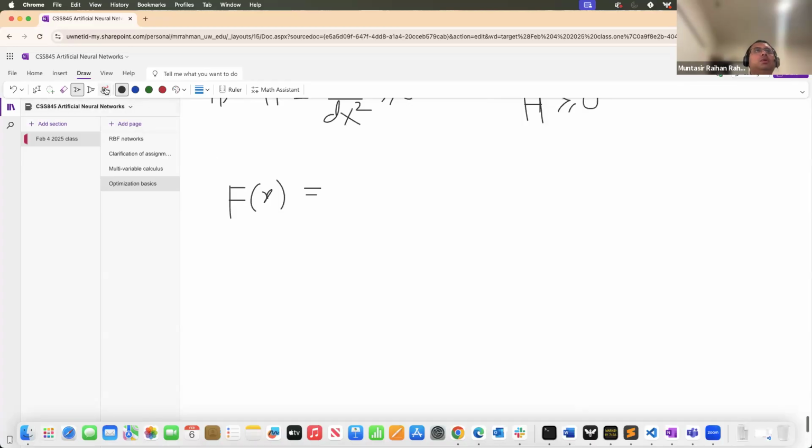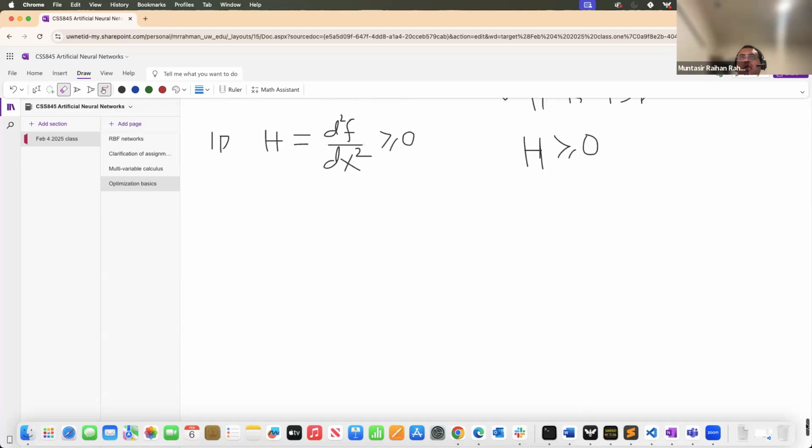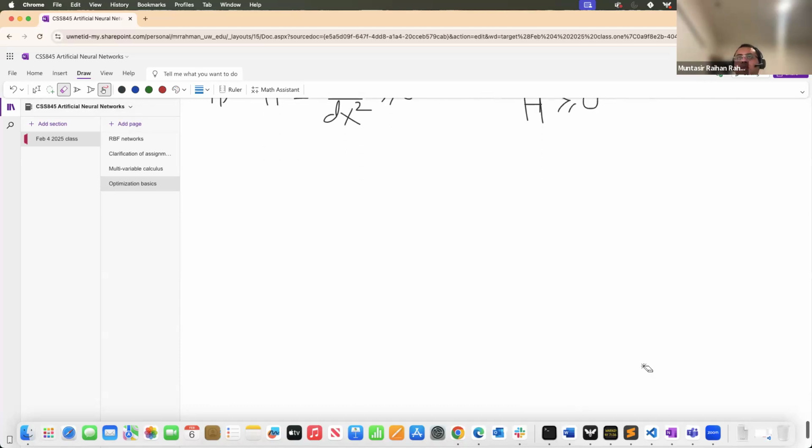Okay, I think we don't have to do this now. We might do it later. But now we know the conditions, and let's look at some algorithms for optimization. The first algorithm is going to be gradient descent.